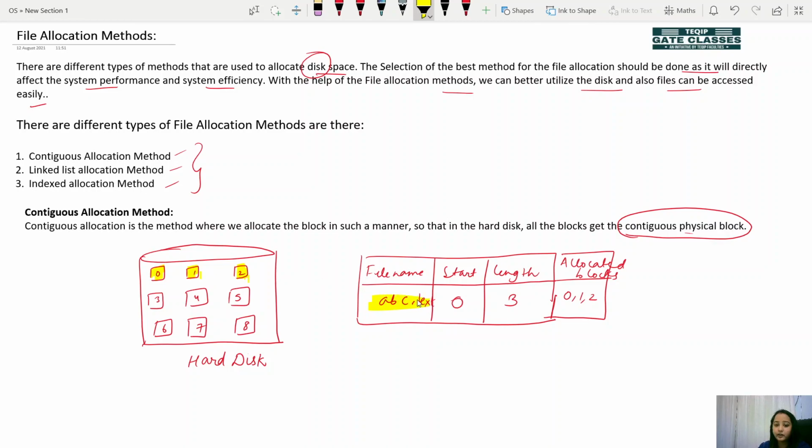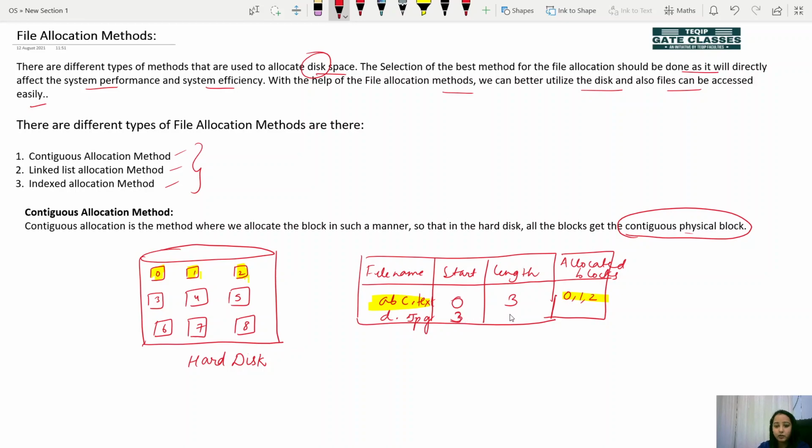So if I want to store abc.txt, I will store it in blocks 0, 1, 2 in a contiguous manner. Suppose the next file is a .jpg. It can start from 3, because I have seen that blocks 3, 4, 5, 6, 7, 8 are free. So I can give it the starting block as 3.